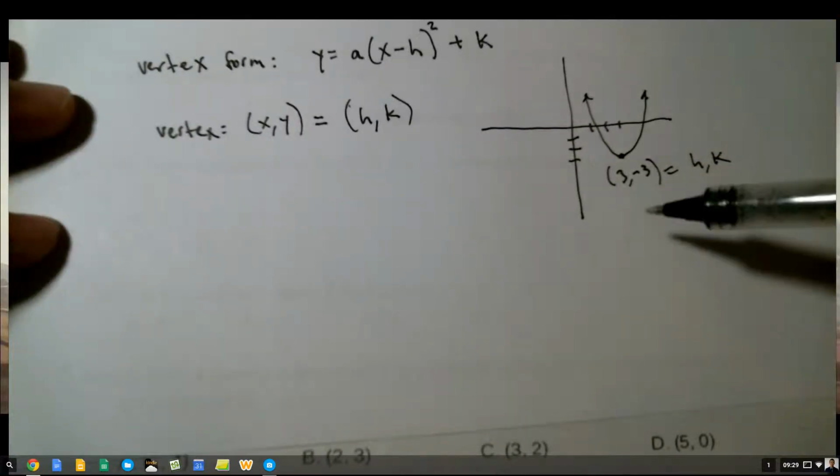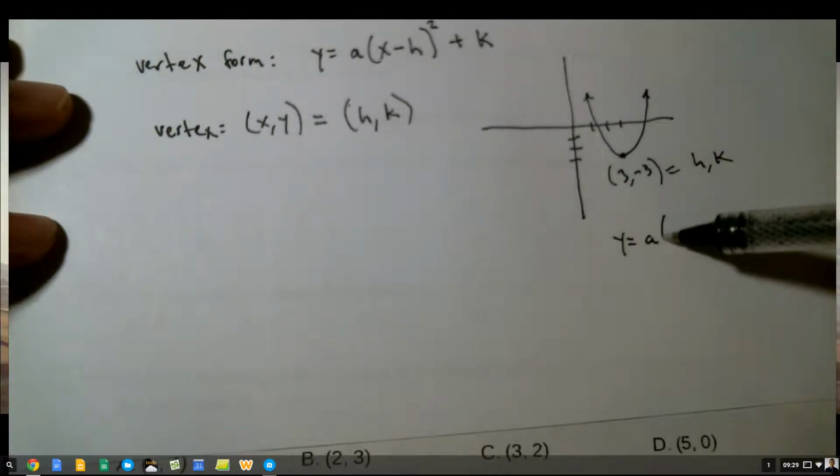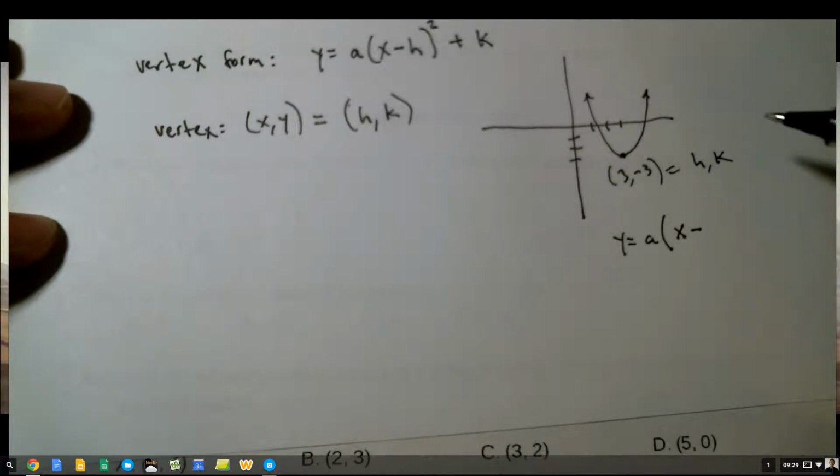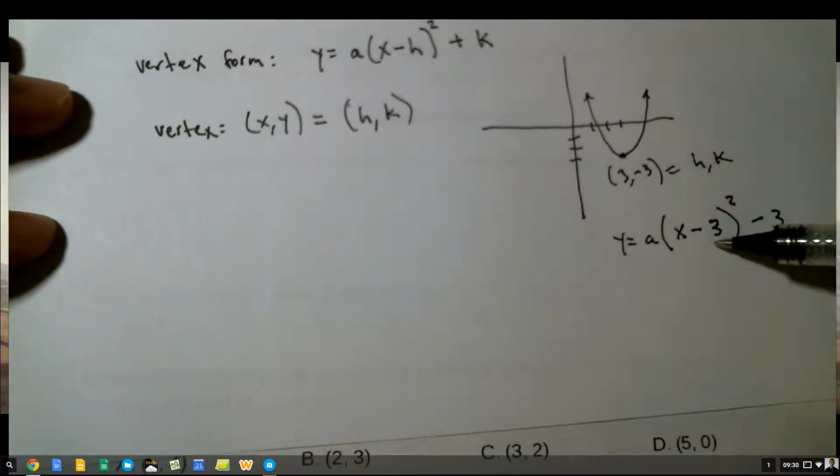So our equation will look something like, we don't know what the a value is, but we know it's going to be x minus 3 squared, and then the k value is negative 3. So this is my h value, and this is my k value. So this is just all review.